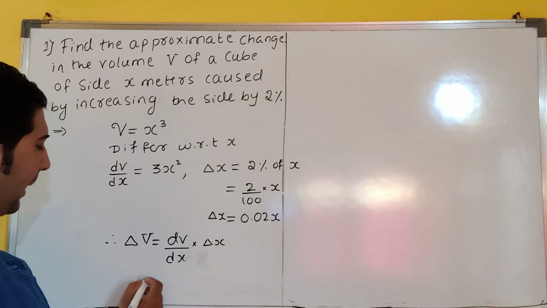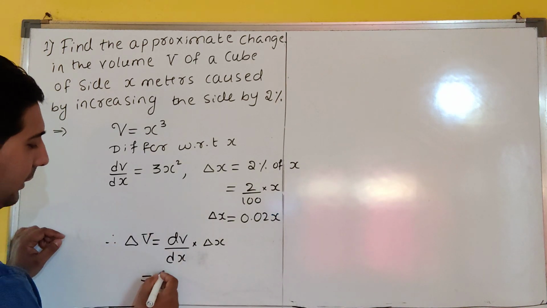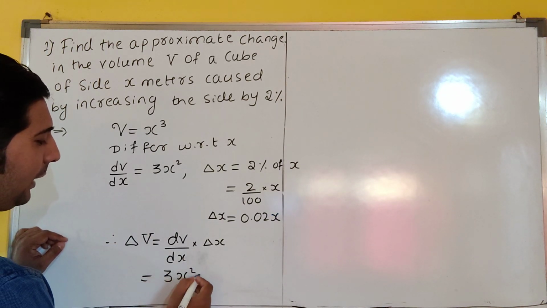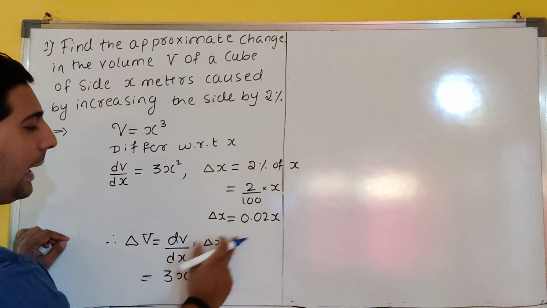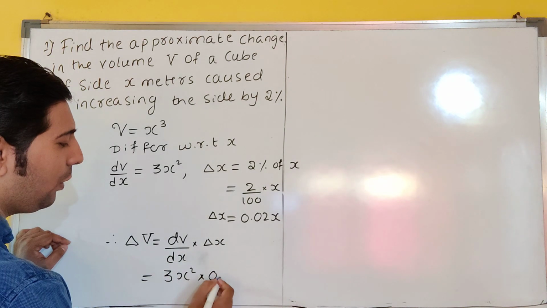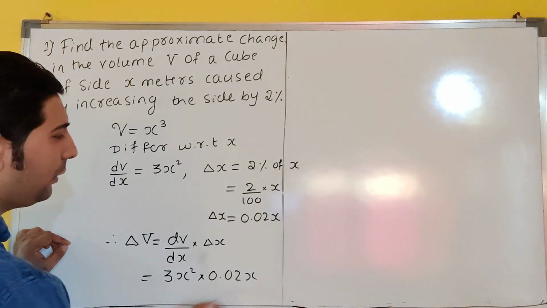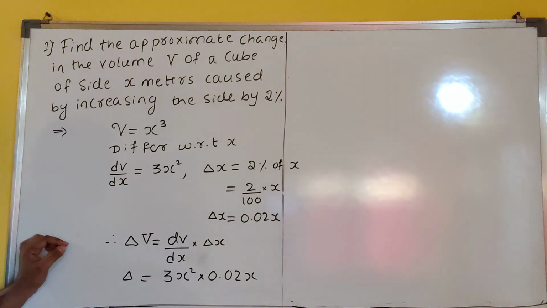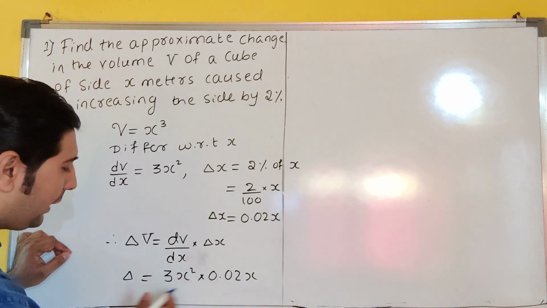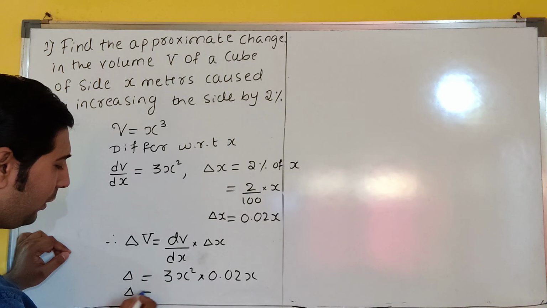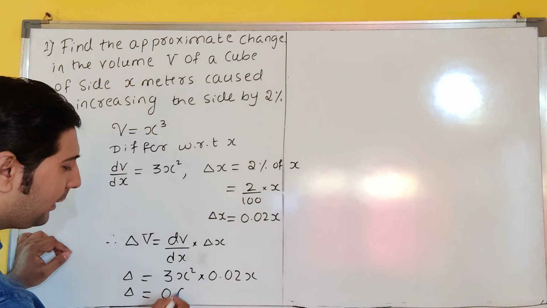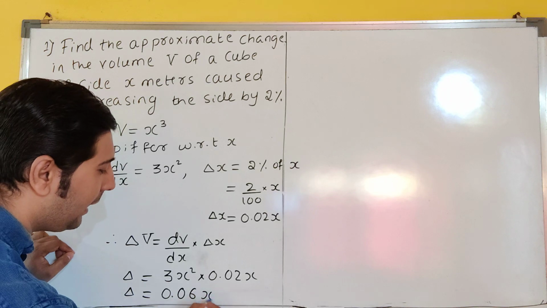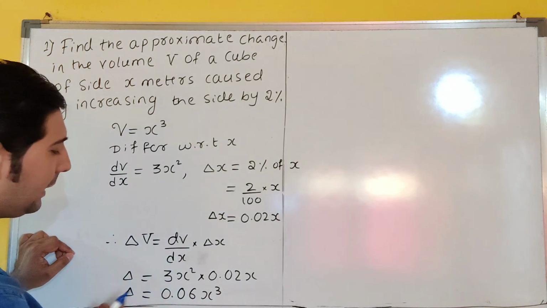Clear? dV by dx is how much, dear students? 3x square into delta x, which is 0.02x, dear students. So now 3 into this you have to multiply. How much will it give? 0.06 x cube.